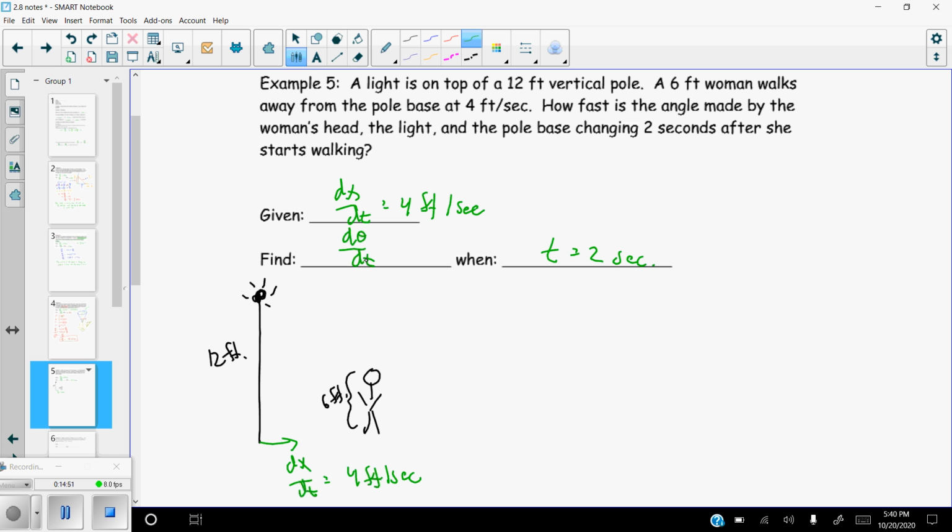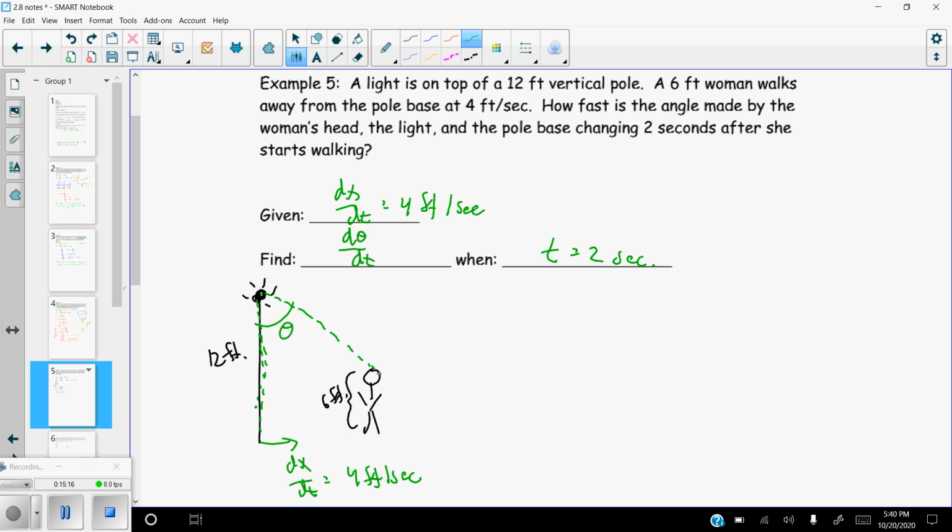If you remember how you actually label an angle, where the angle is going to be is by the middle part. So it says from the woman's head to the light to the pole base. So here is your angle. That's what we're looking for. How fast is that angle changing?